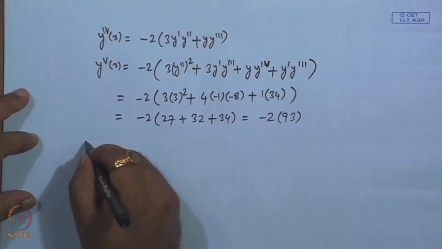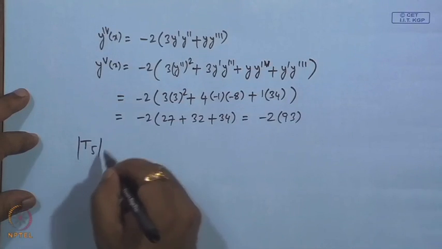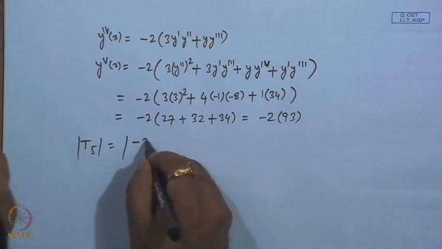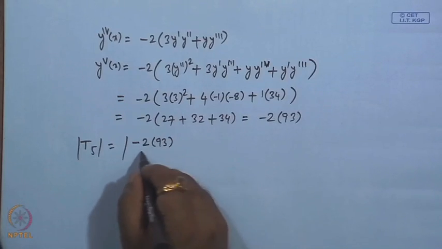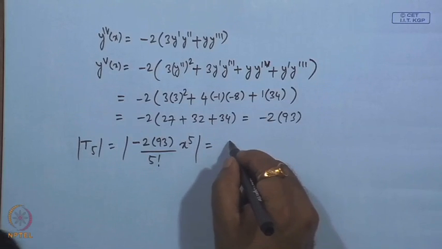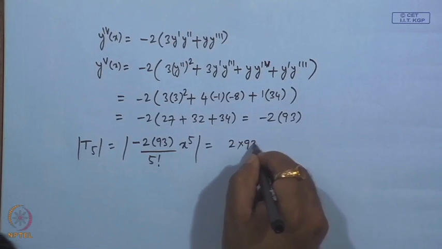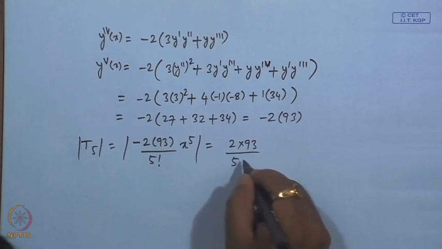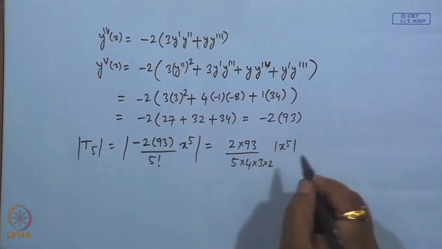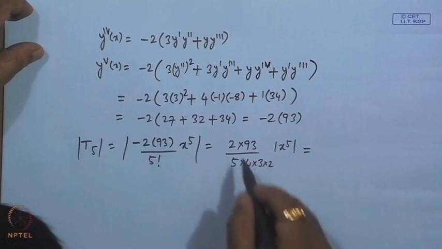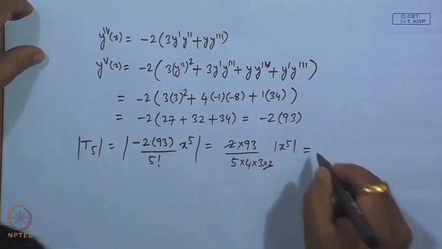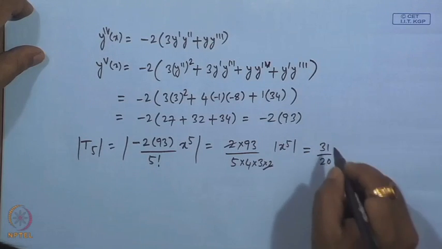So, y 5, and therefore the error is minus 2 times 93 by 5 factorial, which equals 31 by 20.